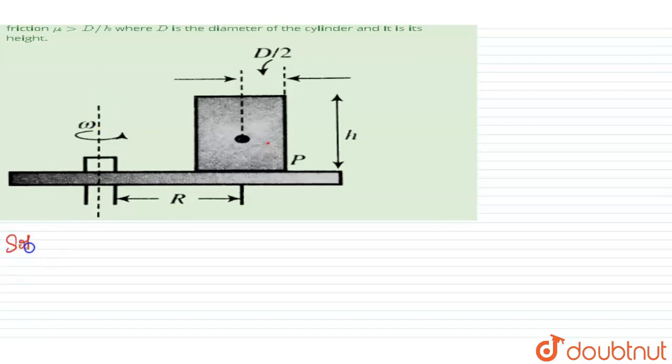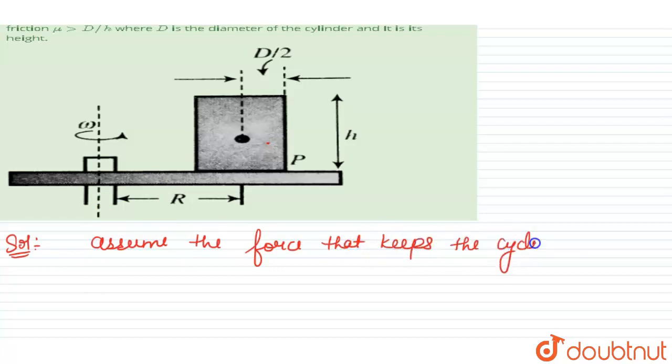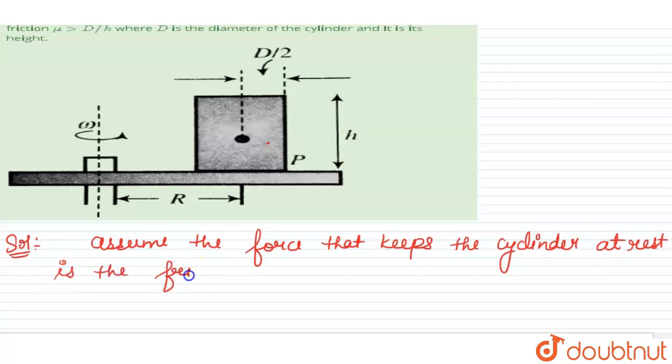First of all, let us assume that the force that keeps the cylinder at rest, when the disc is rotating, is the frictional force. Okay, that is F.